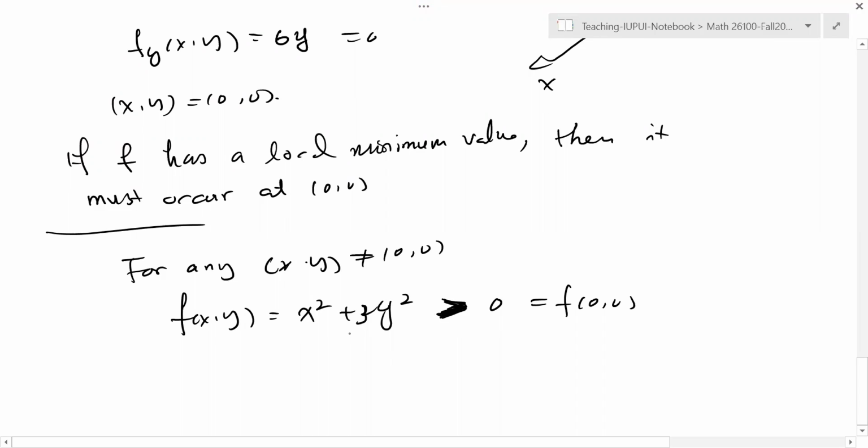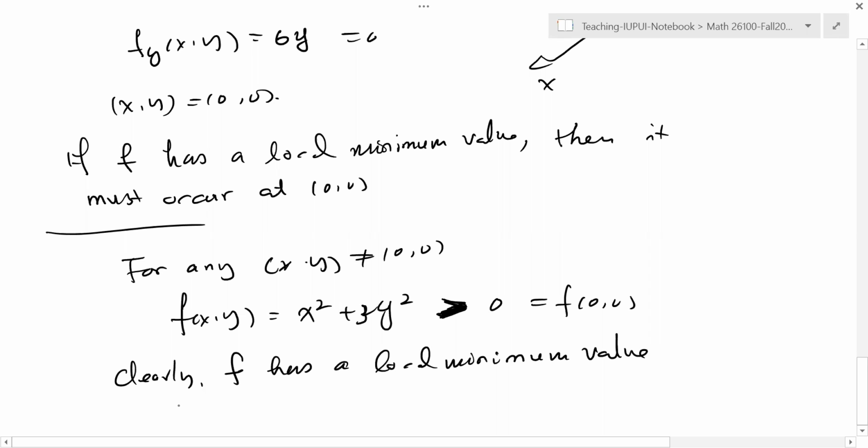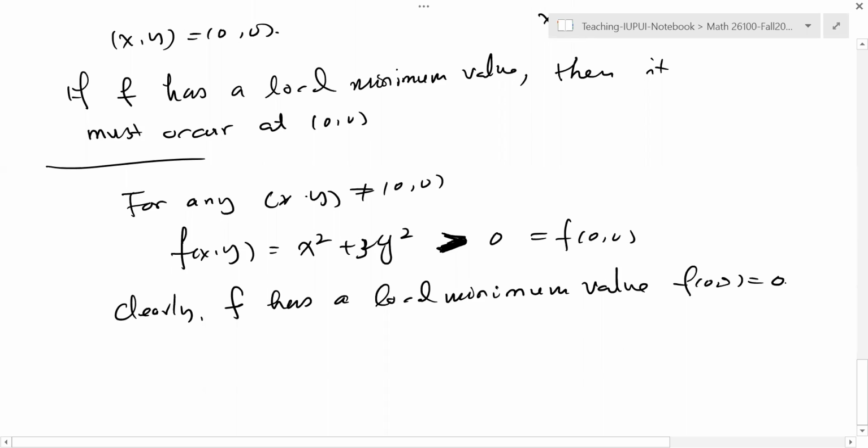So clearly f has a minimum value, actually an absolute minimum value. What is the minimum value? It's going to be 0, and this minimum value occurs at the origin.